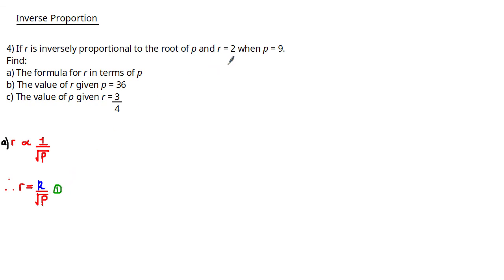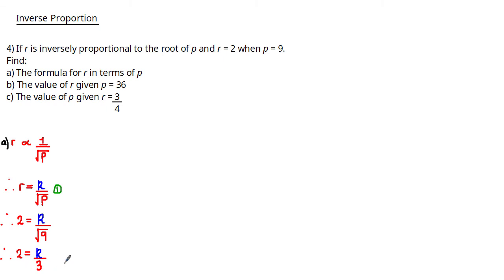Now, using the fact that R is equal to 2 when P is equal to 9, we can sub these values into equation 1 to work out the value of K, and therefore 2 is equal to K divided by the square root of 9. The square root of 9 is plus or minus 3, but as mentioned, when dealing with quantities in proportion, we always take the positive value. So therefore 2 is equal to K divided by 3.